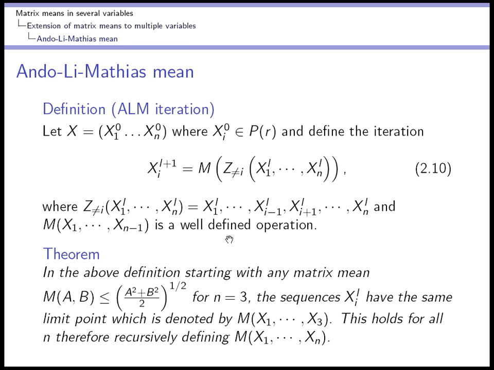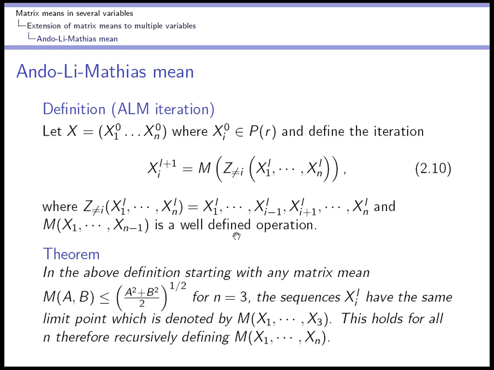A theorem says that the convergence of this procedure for the geometric mean was proved by Ando-Li-Mathias back in 2004. It was an influential article about extension of matrix means to several variables. Actually, I've been able to prove the convergence for all possible matrix means, not just for the geometric mean.